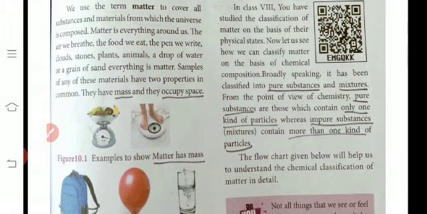So matter is classified under chemical composition into two types: first pure substances and second mixtures. The flow chart given below will help us understand the chemical classification of matter in detail.